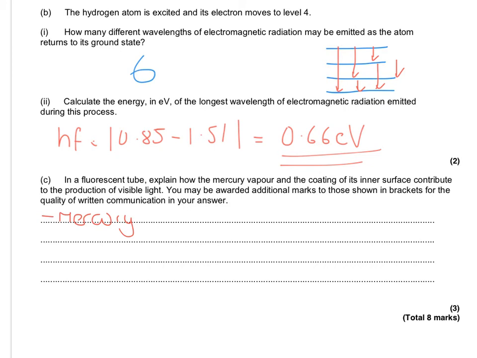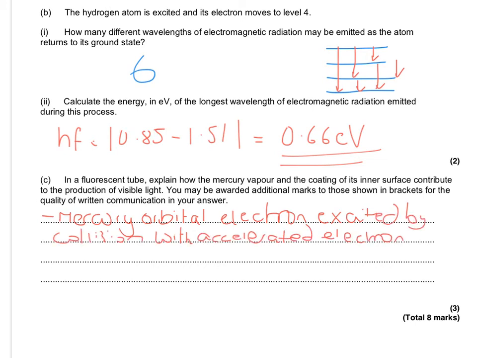So those electrons that are being accelerated by the electric field collide with a mercury orbital electron, which causes it to become excited. So that's the first stage of this.